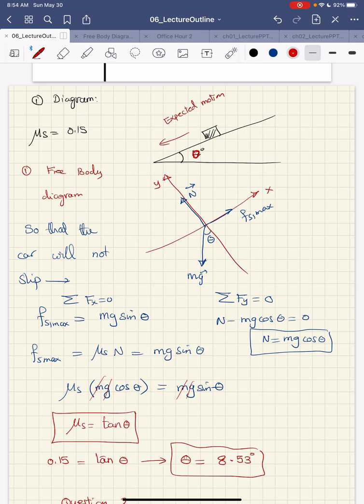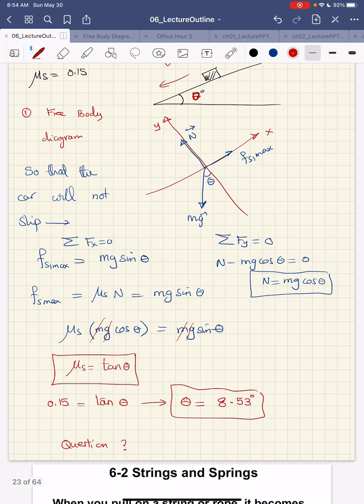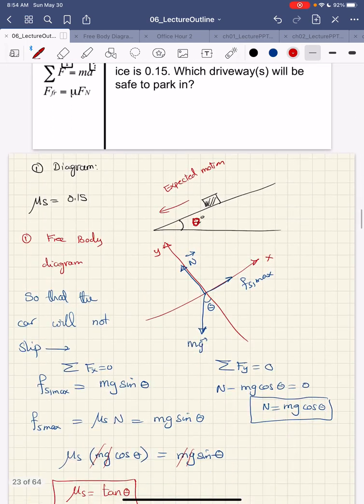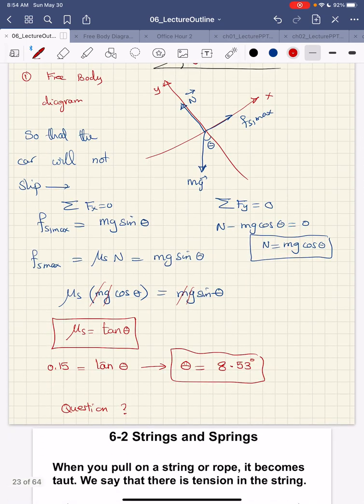Now my 0.15 mu s is going to give me an angle which is 8.53 degrees. Okay, and here I will leave it for you to tell which one is really safe to park, which driveway. We might have a quiz here.